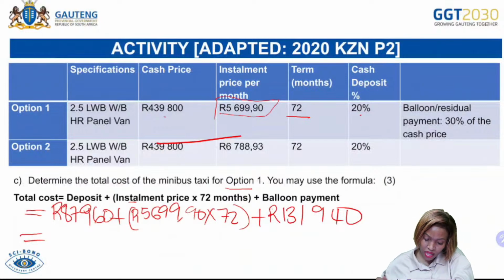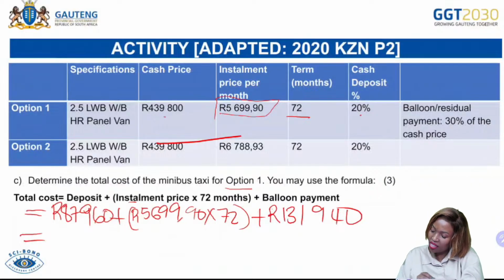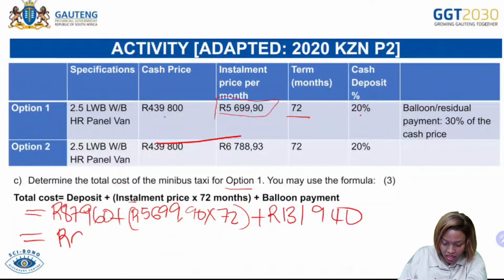Remember BODMAS: 87,960 plus, open the brackets, 5,699 and 90, multiply that by 72, close the bracket, plus 131,940.